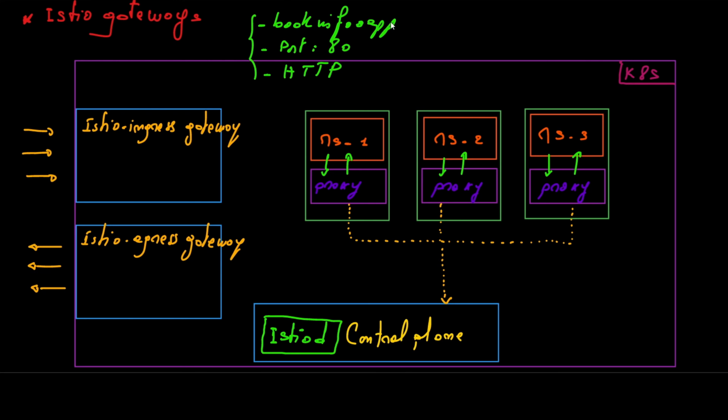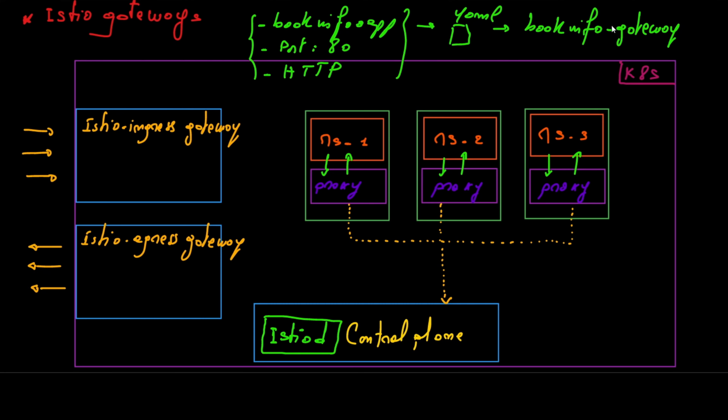We do that by specifying all this configuration in a YAML file. To create a gateway object, for example, we call it bookinfo gateway.